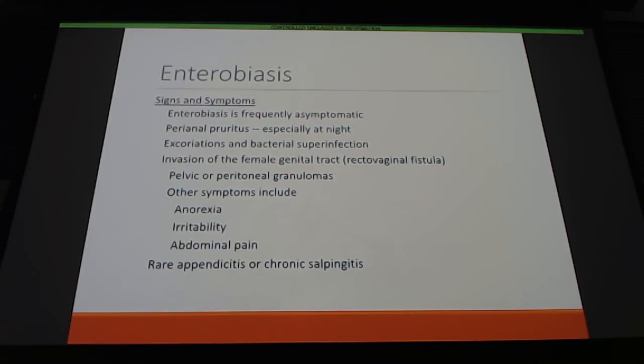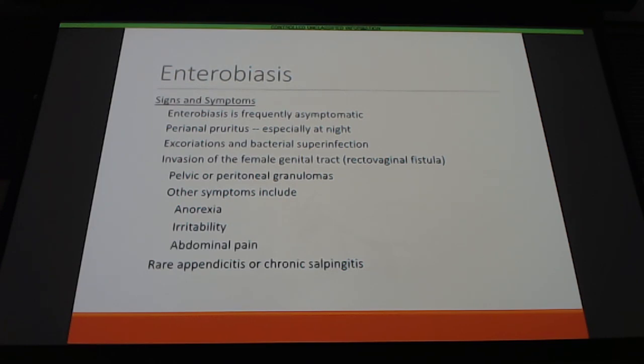If they do end up going into the vaginal area, the body is going to try to get rid of it, at which point it may end up forming granulomas in those areas. So you may see some granulomas in those areas. And that's the body just trying to take care of it.